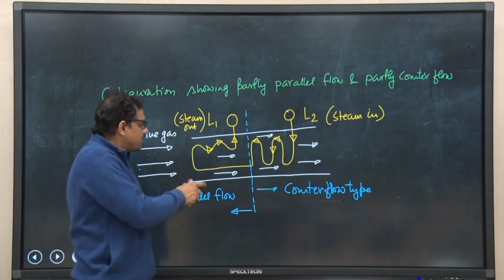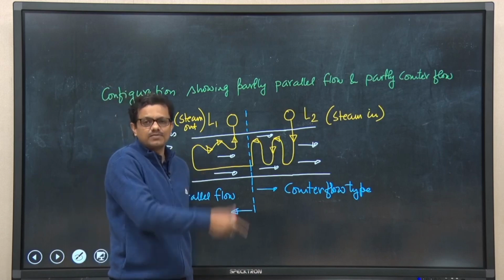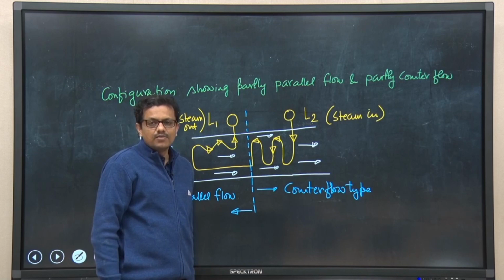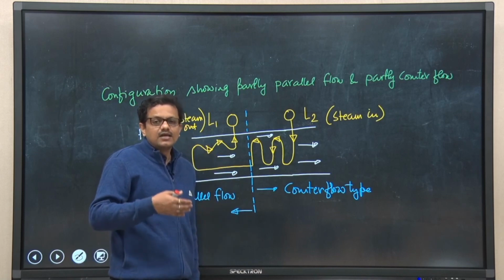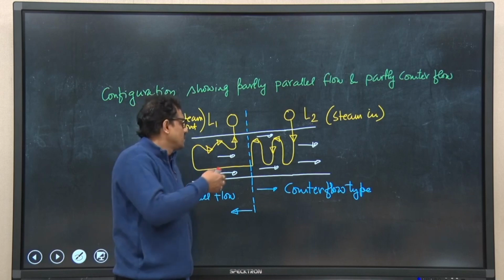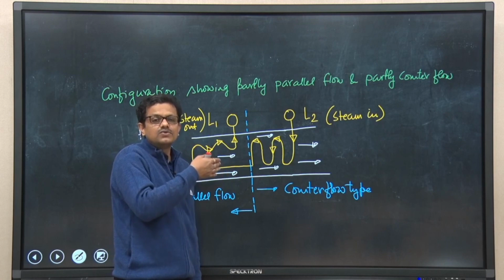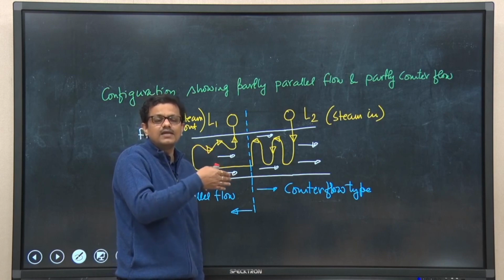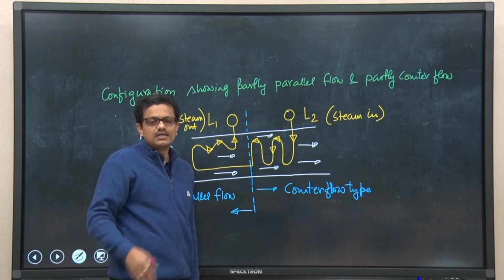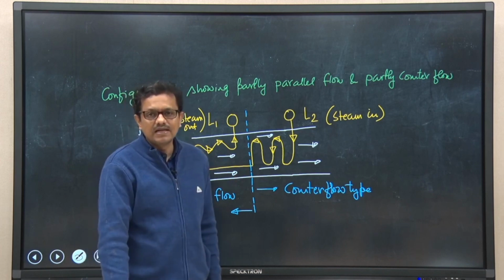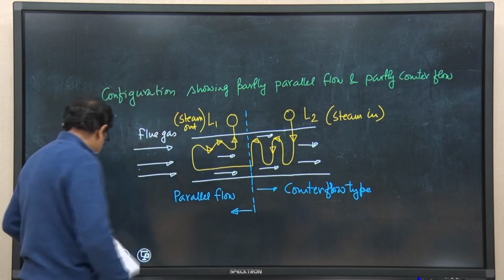So, this is neither purely counter flow nor purely parallel flow, it is a combination of these two, and the main purpose of having this type of configuration is to get the advantage of high effectiveness and at times to reduce the possibility of having high average temperature of tube material, so that the chances of having material damage can be prevented. So, this is the configuration.